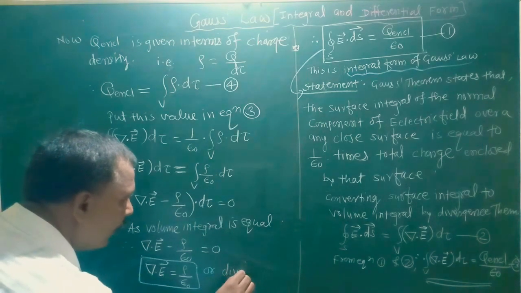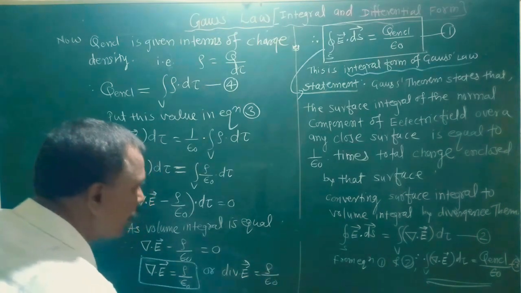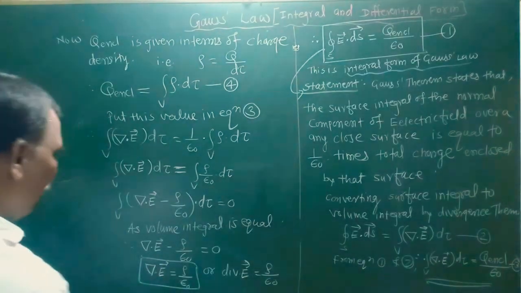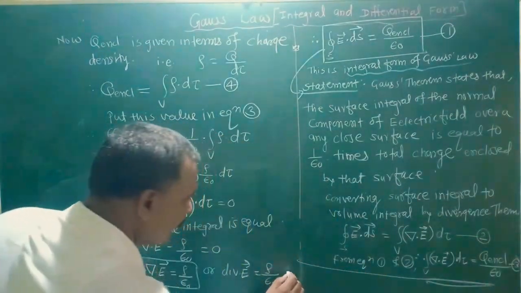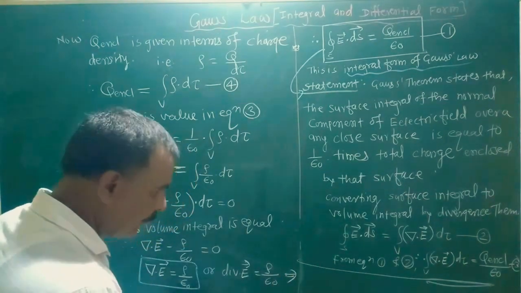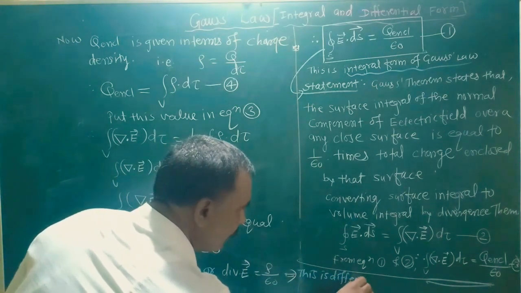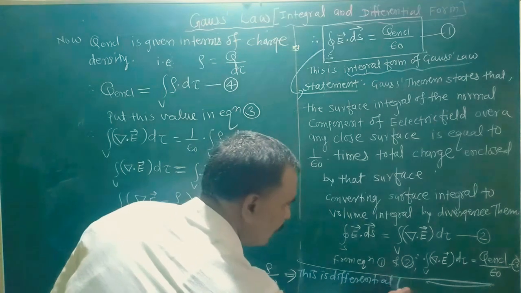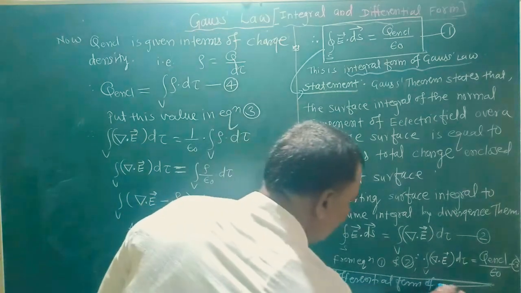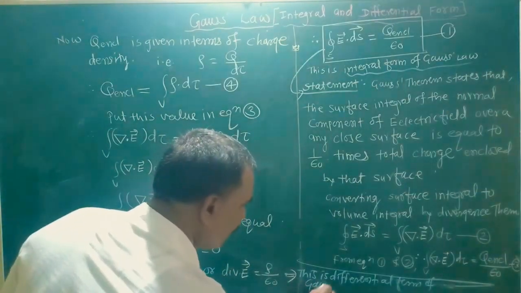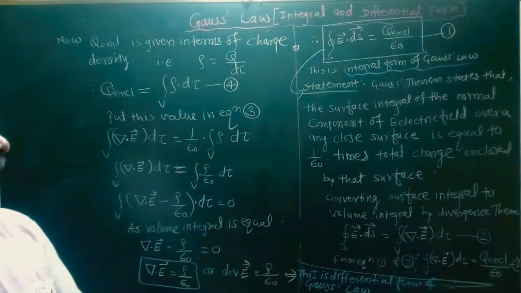Divergence of E bar is equal to rho upon epsilon naught. This is the differential form of Gauss law.